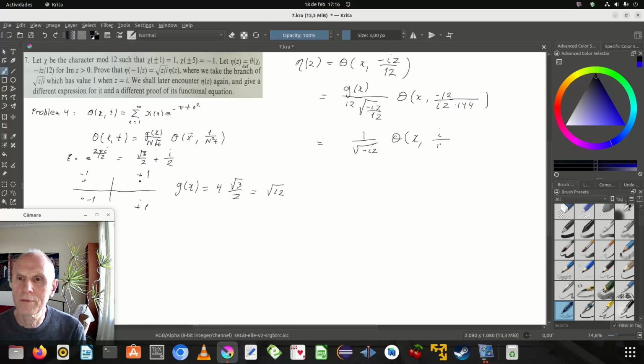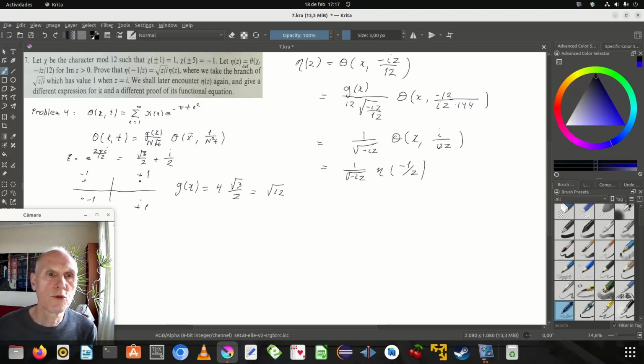I divided by 12 z, and this is just equal to eta of minus 1 divided by z.